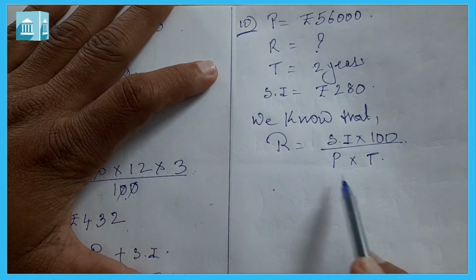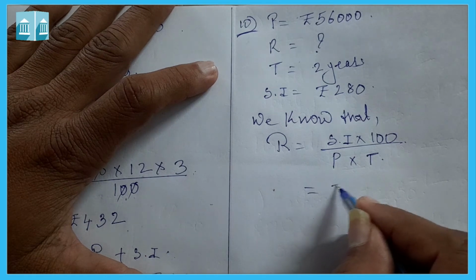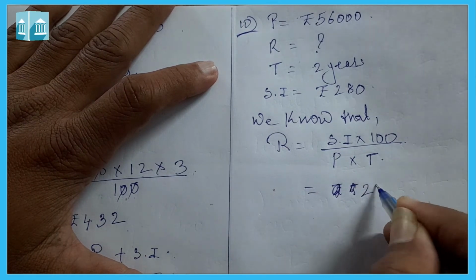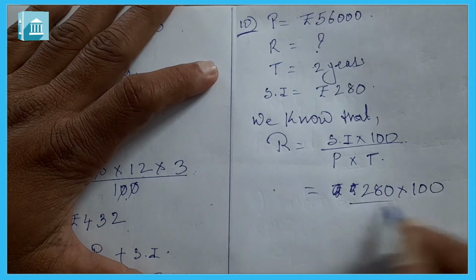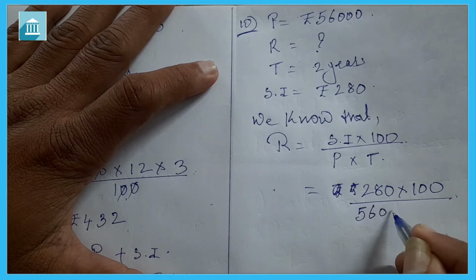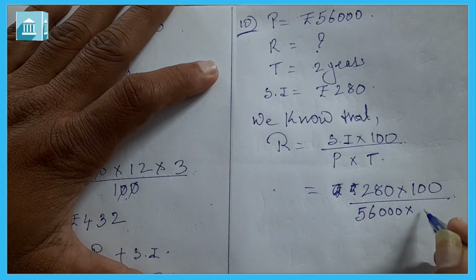So SI is 280 multiplied by 100 upon 56000 into 2.